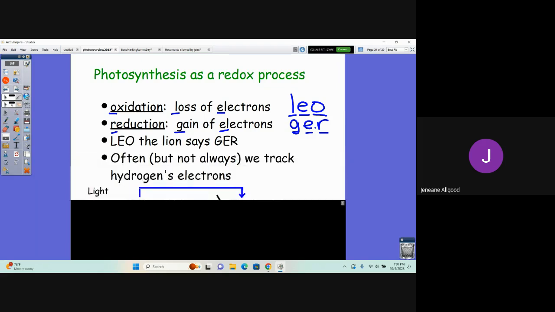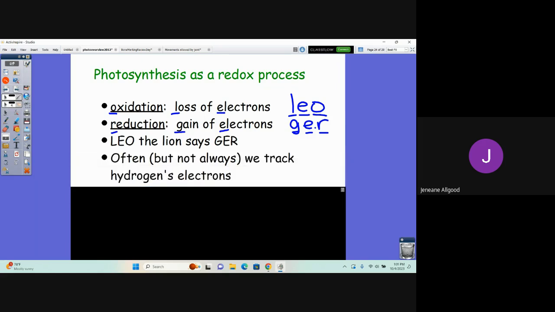And so we are going to track electrons by tracking that compound's hydrogens, because we are specifically following the electrons of hydrogen. And so to know if something is gaining or losing electrons, we are going to look at, is it gaining or losing hydrogens? And so that's why we have the photosynthesis equation at the bottom of the page, so I can help demo this for you.